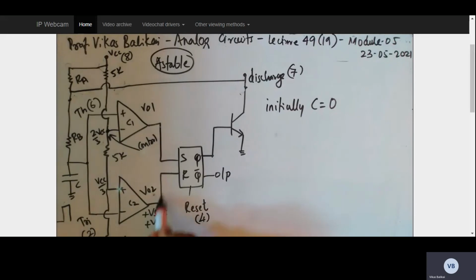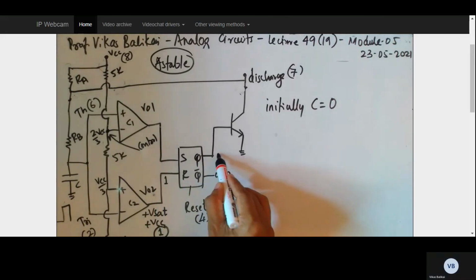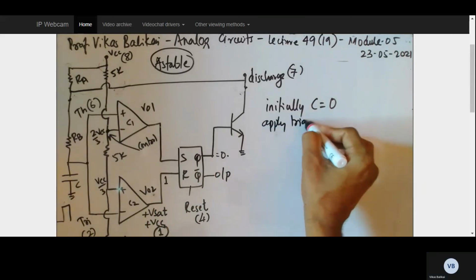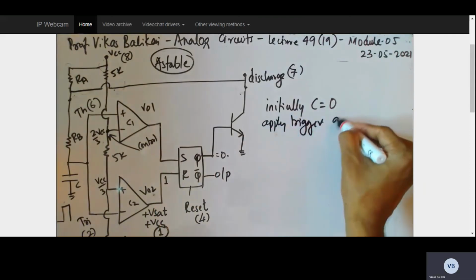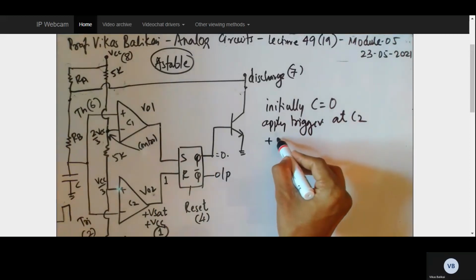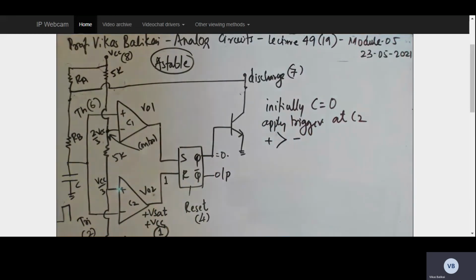If this is a logic value of 1, then the R terminal of my SR flip-flop will be 1. If R is 1, the flip-flop enters the reset state, which means my Q value will be equal to 0. So when initially the capacitor voltage is 0 and you apply the trigger, the positive terminal is at a higher potential than the inverting terminal.